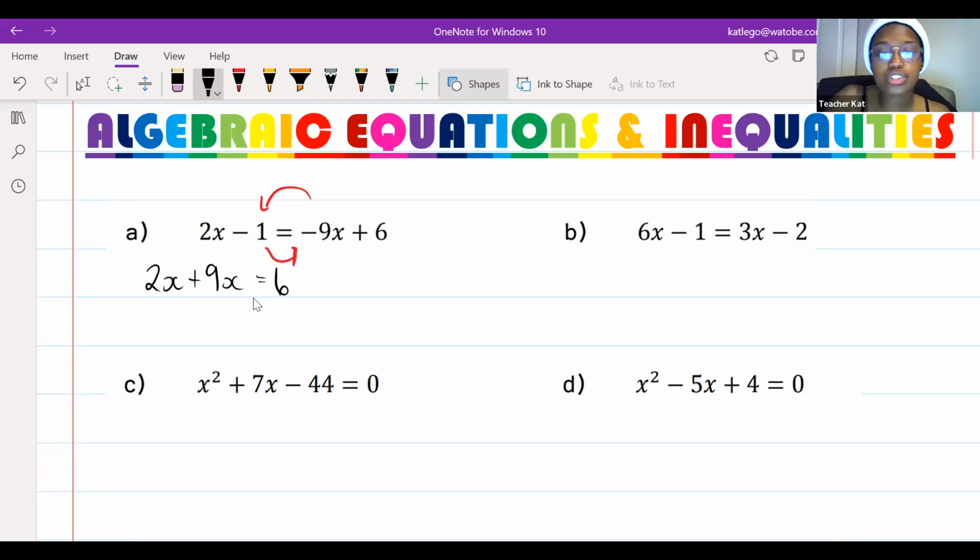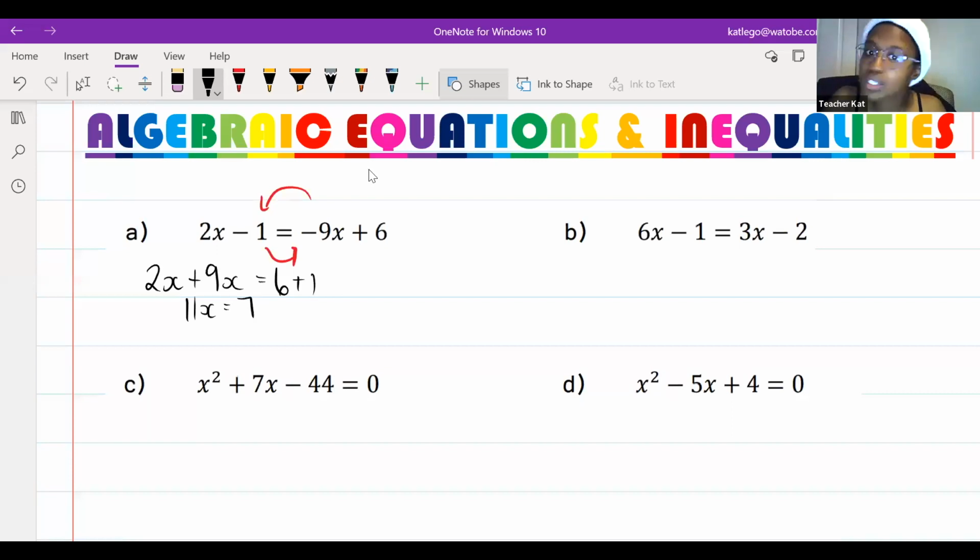Again, we have to change the signs. It's going to be 6 plus 1. Now tell me, guys, what's 2x plus 9x? 11x. So we're going to have 11x is equal to how much? 7. Now what, guys?